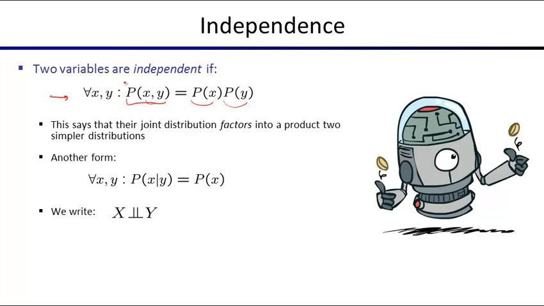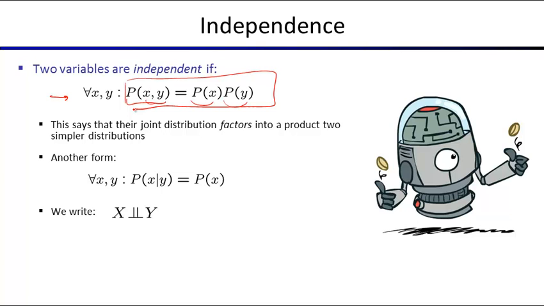Looking at this equation here, one consequence that we'll take advantage of in the future is that what that means is that now you can write your original distribution, rather than as a joint distribution, as the product of two distributions that are now only over one variable.